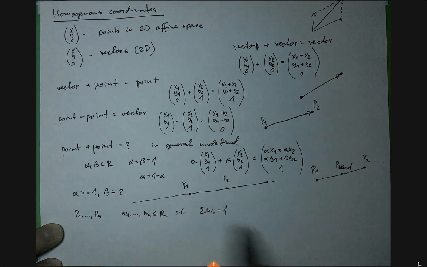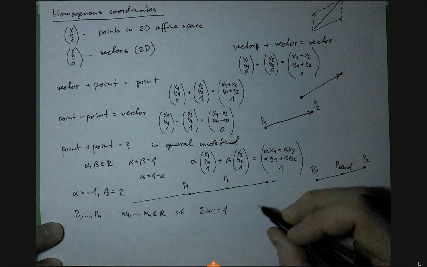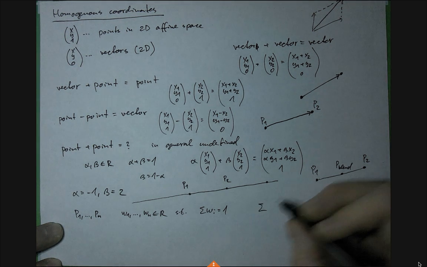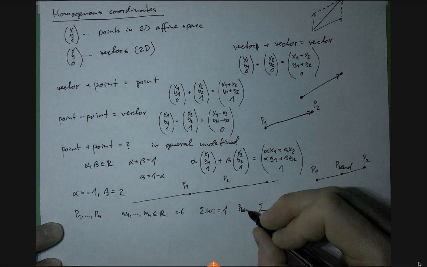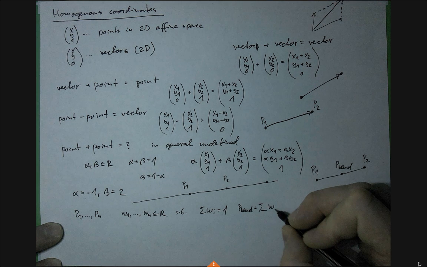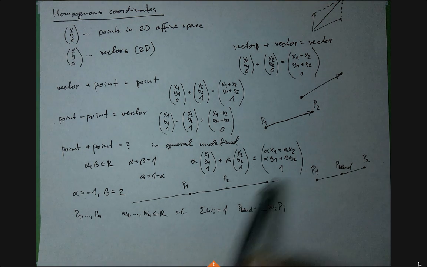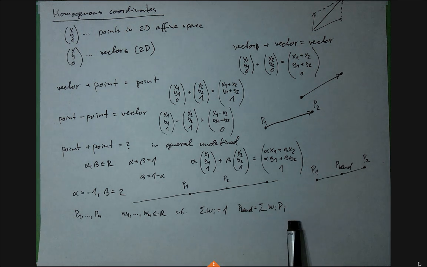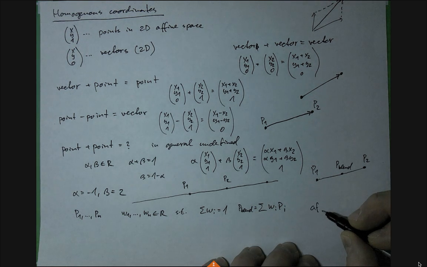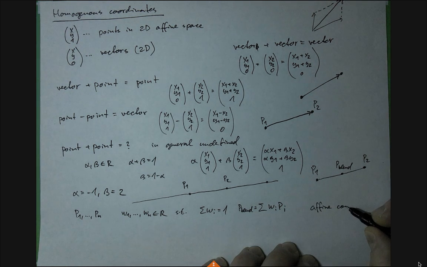So they form a partition of unity. And then you can have a valid point P blend, which would be the sum of Wi Pi. And it's a perfectly valid point because weights that sum to 1 give me a point. So this in general is called an affine combination of the points. Let me write it down. Affine combination.